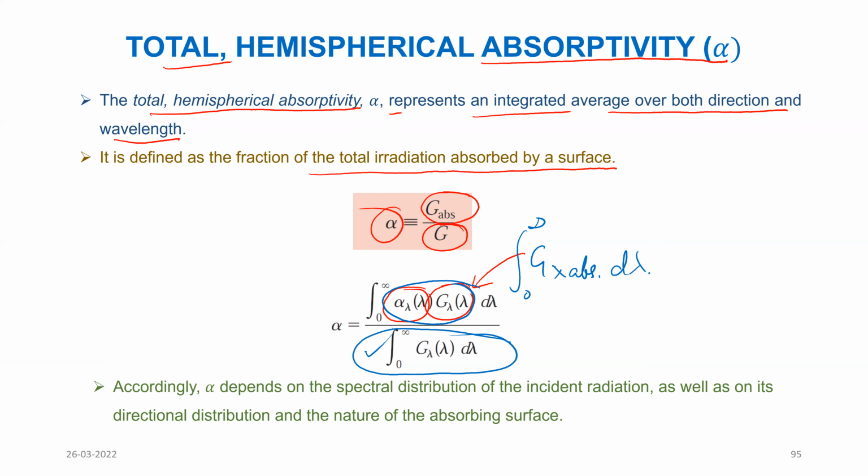So that is how we can calculate the value of alpha. Alpha depends on the spectral distribution of the incident radiation as well as on its directional distribution and the nature of the absorbing surface. This we have discussed earlier also.